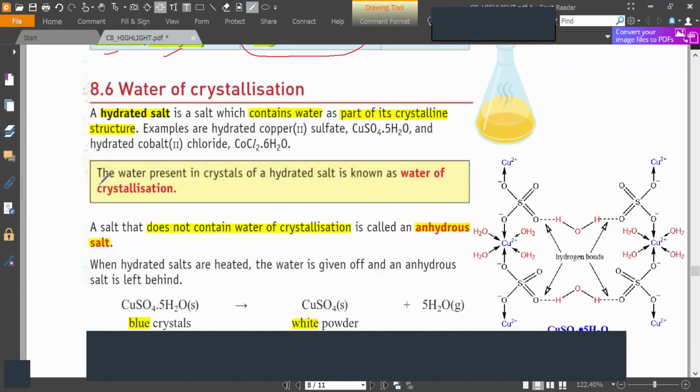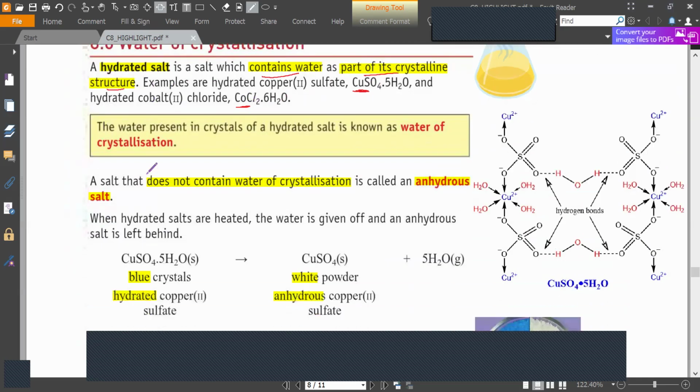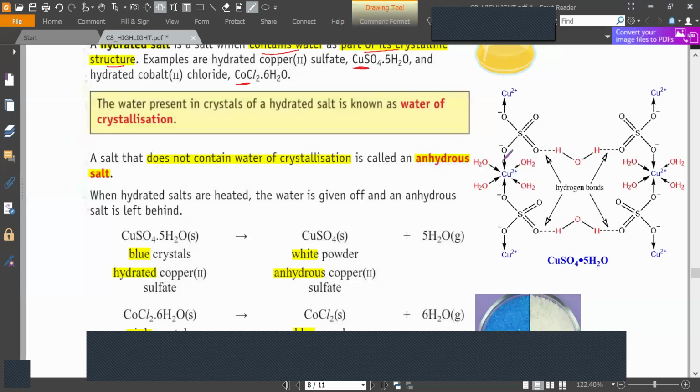Another one, water of crystallization. Some of the salts, like copper sulfate and cobalt chloride, are not just pure salts, they also contain water as part of the crystalline structure. We can see this example here.